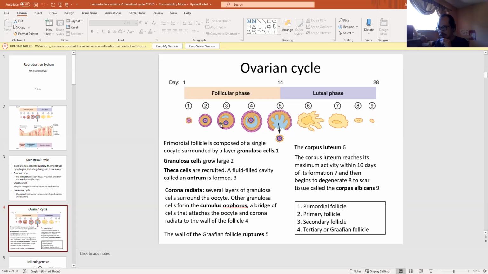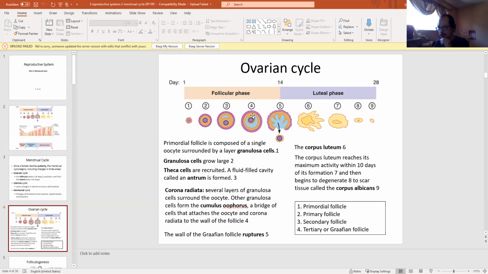So these follicular cells with the theca cells work together to synthesize the estrogen, and this follicle also continues to grow. The antrum gets bigger, the entire follicle gets bigger, to a point that the antrum almost surrounds the entire oocyte. At this stage, we call this the tertiary or the Graafian follicle.